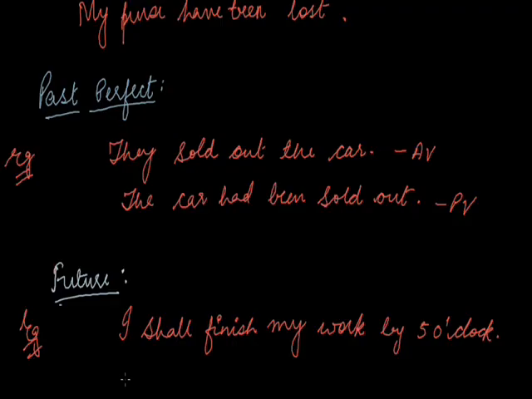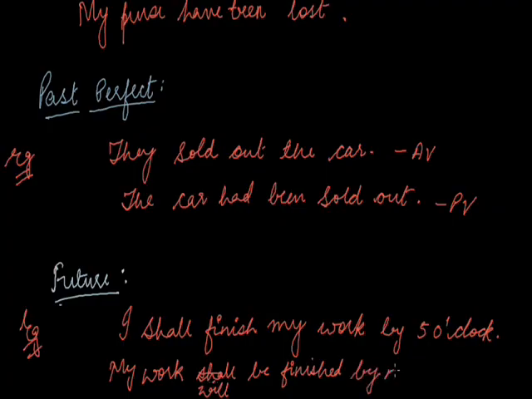Its passive voice can be made as: my work shall be finished by me by 5 o'clock. So this was the way we convert an active voice to passive voice of assertive sentences.